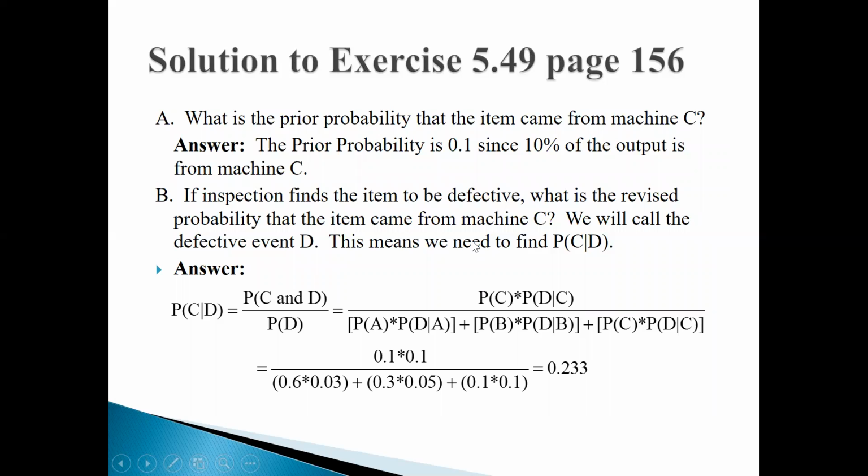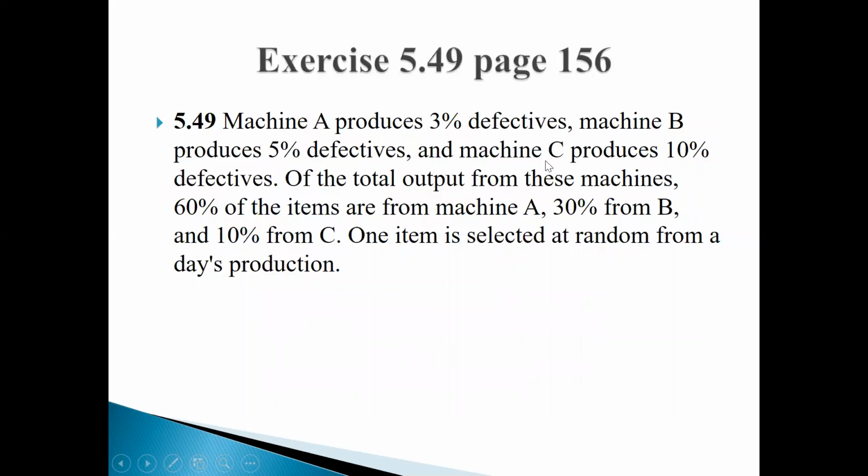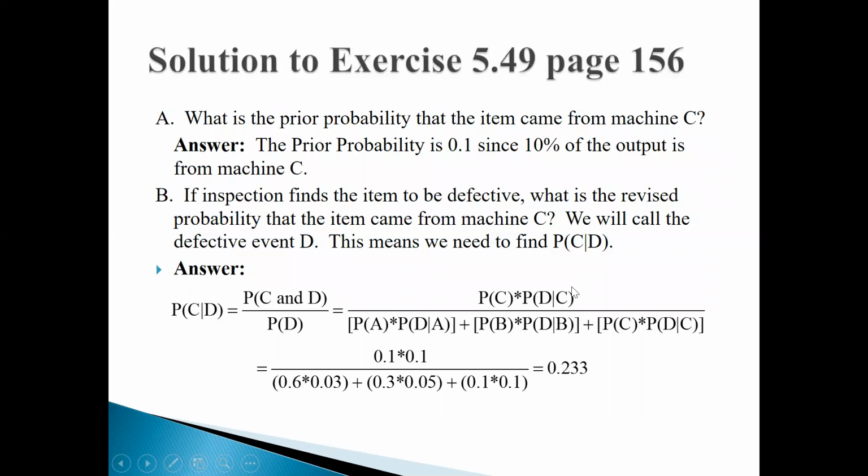All right, so now we have to figure out what these probabilities represent. We know that 60% of the items are from A, 30 from B, and 10 from C, and then 3, 5, and 10. So the probability of C we found was 10%, so that's 0.1.